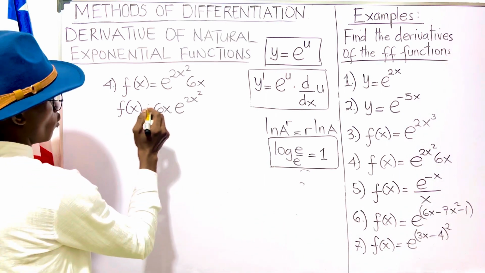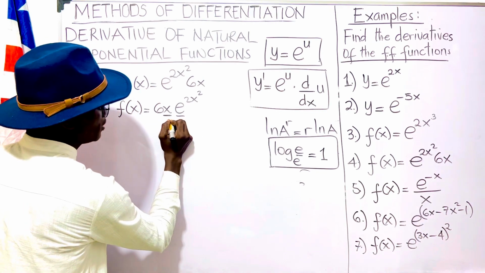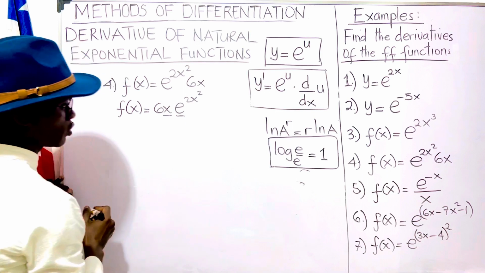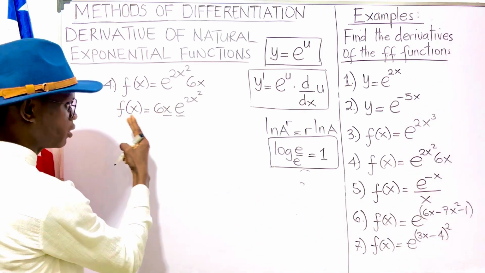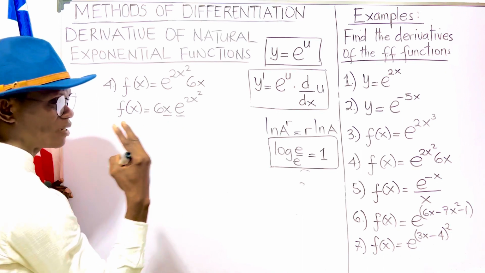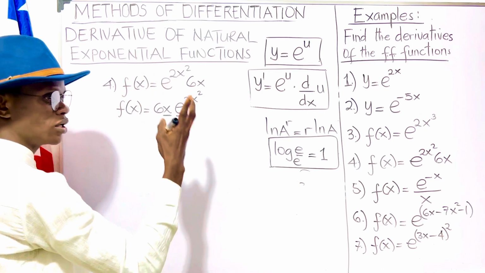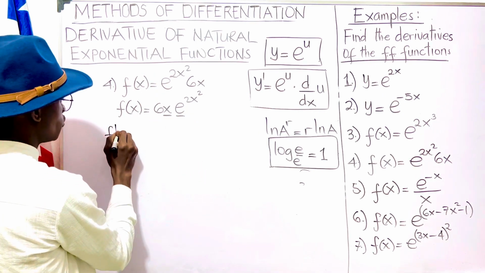Now, there are two functions right here: an algebraic linear function and an exponential function. Whenever you have two functions being multiplied by each other, you can apply the product rule. When you have two functions being divided by each other, you can apply the quotient rule. So we apply the product rule.